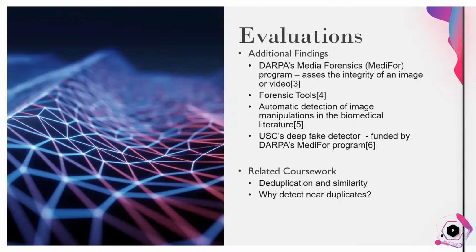This paper also used data from our paper for its testing. Fourthly, I found USC's Deep Fake Detector. It is funded by DARPA's MEDIFOR program. And what it has done is leveraged artificial intelligence to detect manipulated or fake videos, with 96% accuracy.